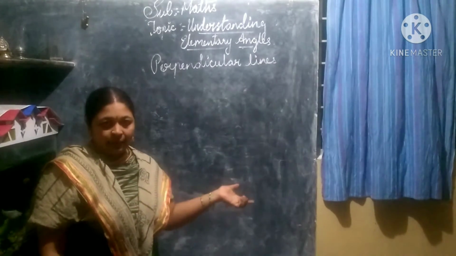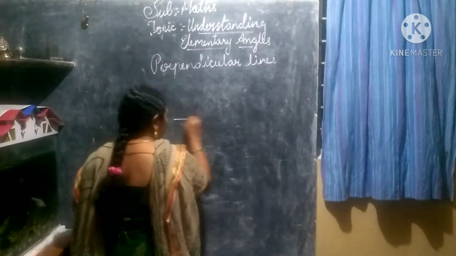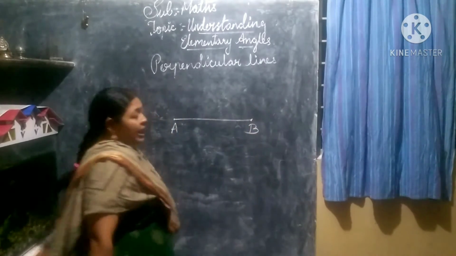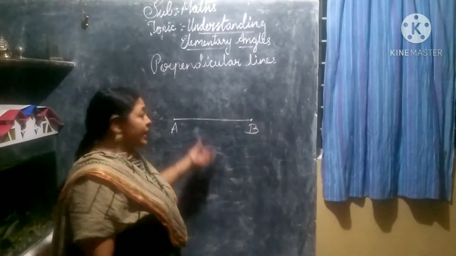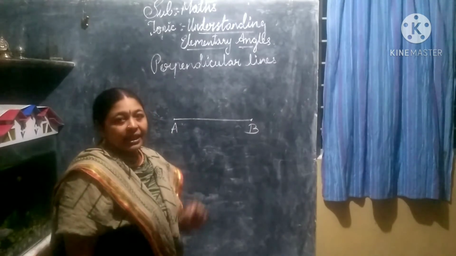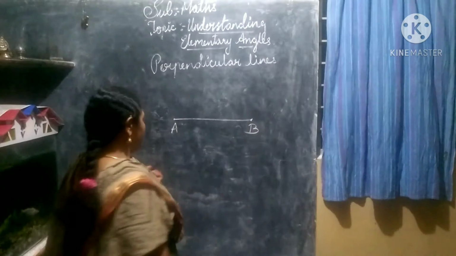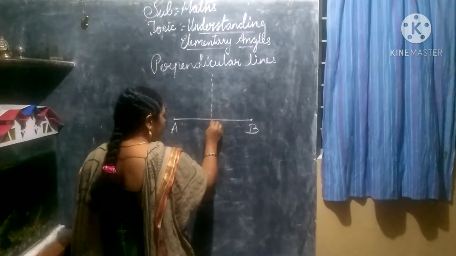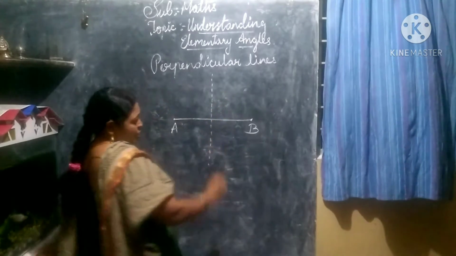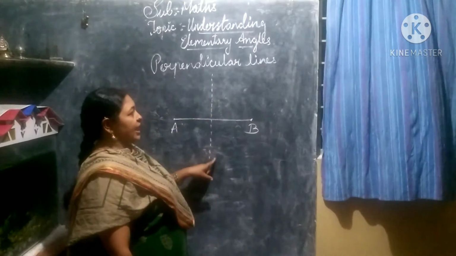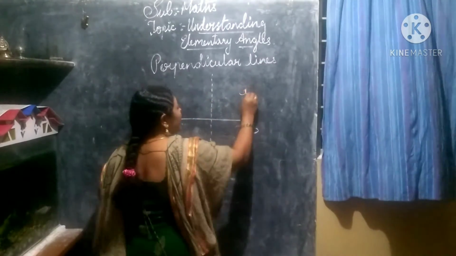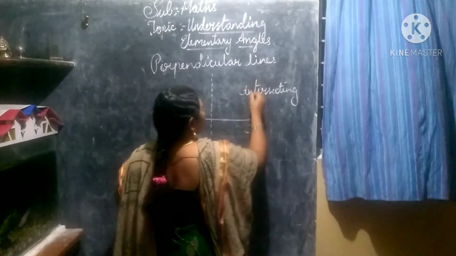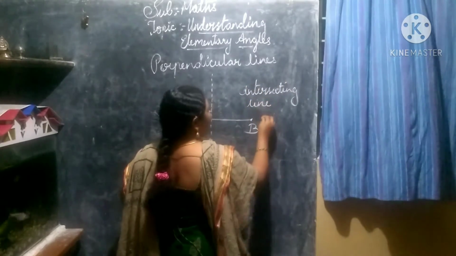A line segment is a line between two given points, A and B. If we have a line intersecting this line segment such that the intersecting line bisects it.